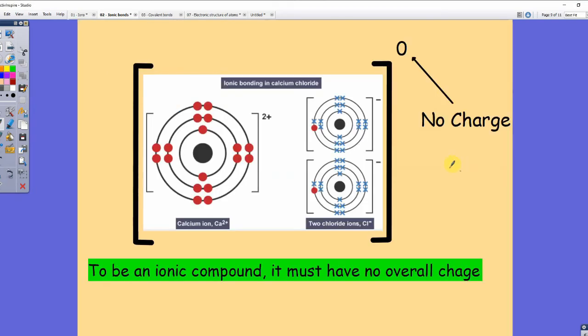And then to make sure that it is an ionic compound and it's all balanced, when you've got the ions in, make sure that the overall charge is 0. So here for example calcium 2+, there are 2 chloride ions -1 each, so the overall charge is 0. That is a balanced ionic compound.